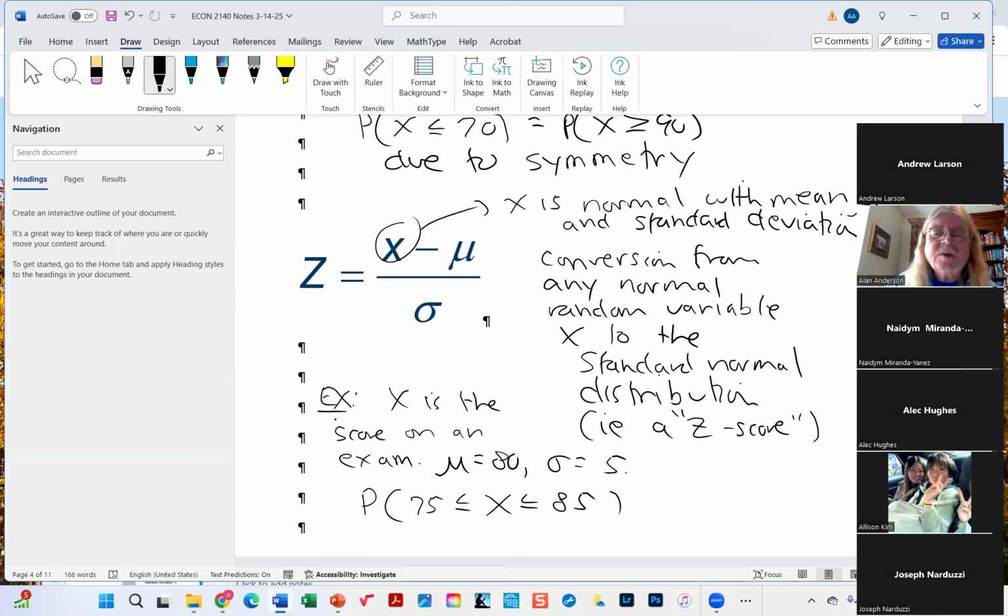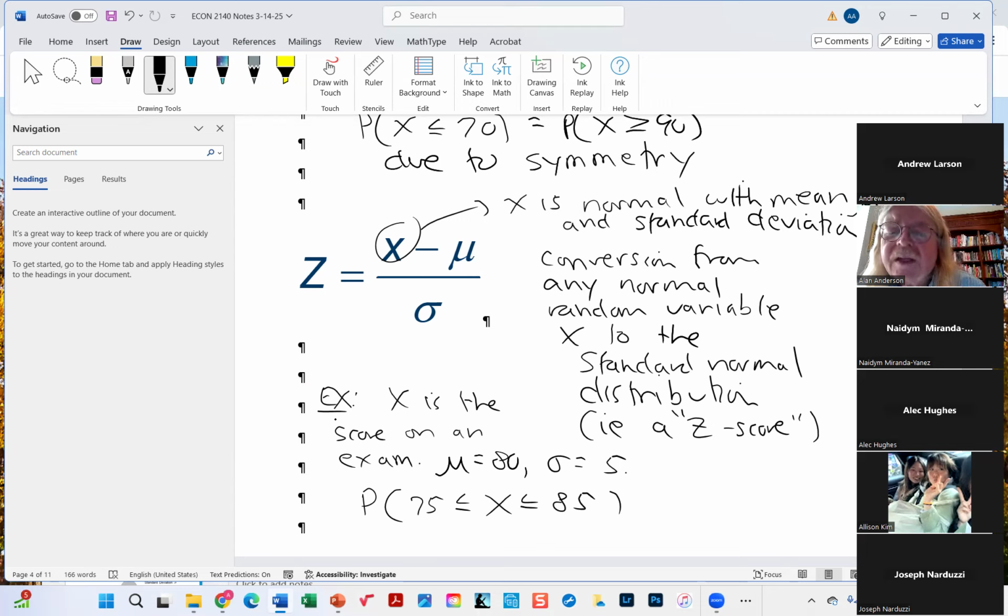Whatever that is, if I subtract the mean and divide by the standard deviation, the result will be a standard normal random variable. So I can take any case and convert it into the standard normal case, and then I can go ahead and use those tables. With a calculator, this is not such an important result, but when there were no calculators and only tables available, this was a huge deal.